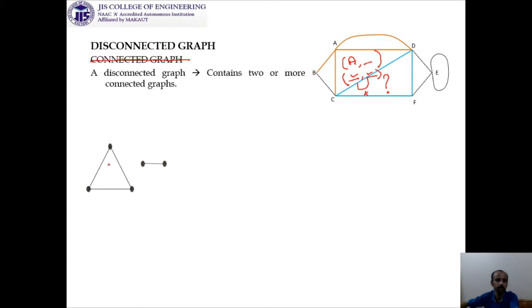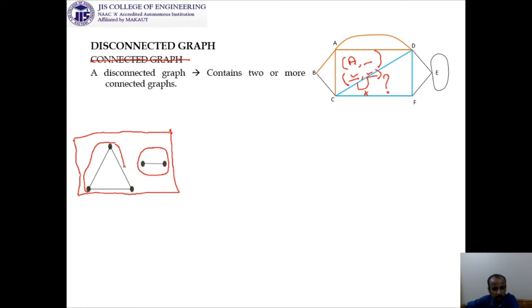So this was the example we had taken in the last slide. Look at this. This as a whole is a disconnected graph. No problem on that. But if we consider this one separately, then this is a connected graph.